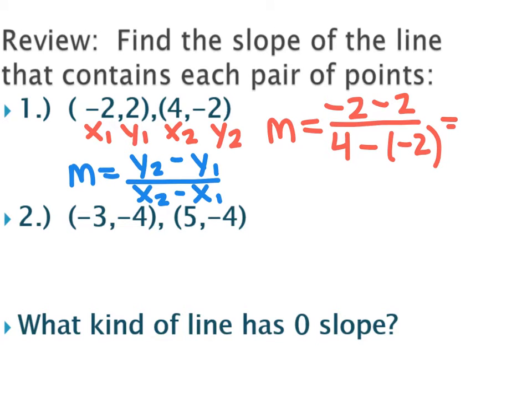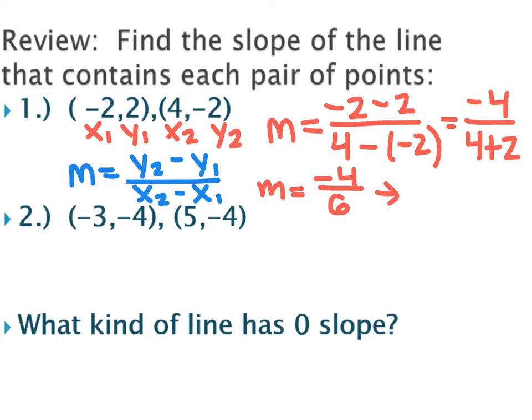This will give me negative 4 over 4 plus 2. I can combine the 4 and the 2, so I get negative 4 over 6. And my final answer, if I simplify, would be negative 2/3.